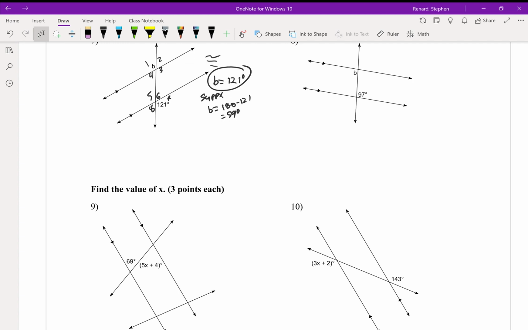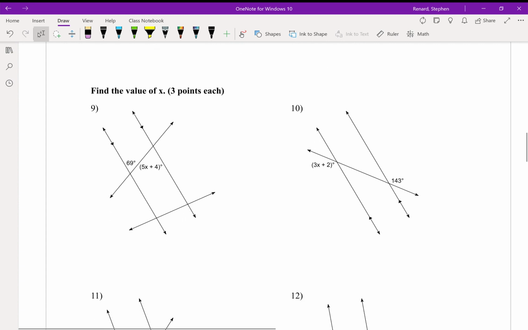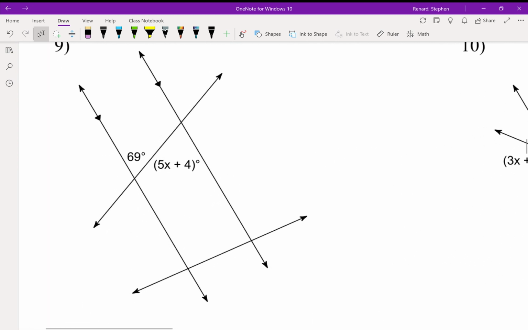So next group of problems, we're just upping the difficulty a little bit. Here, again, 1, 2, 3, 4, 5, 6, 7, 8. If you just rotate your paper, you'll see that. So this 5x plus 4 is actually going to go right there.